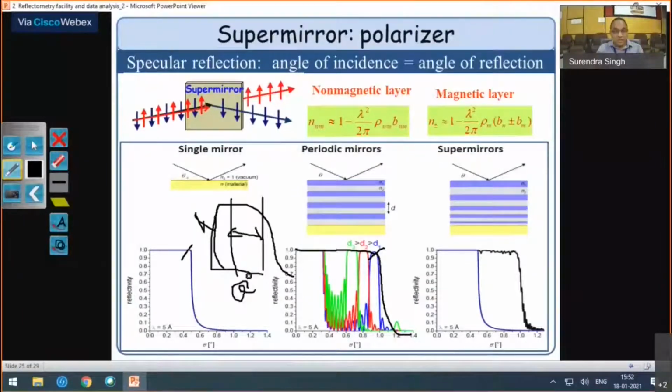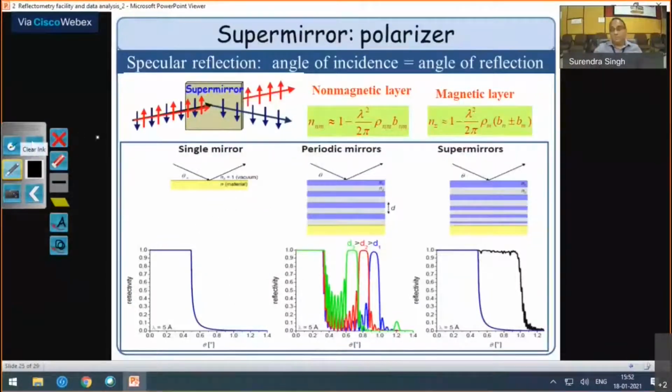Typically, you choose the super mirror such that your minimum wavelength gives you polarization, and higher wavelengths do too, because this theta depends on the wavelength also, and this is what we call M. This super mirror is used for the time of flight method also, where we use different wavelengths at a particular angle of incidence. All the wavelengths will be reflected from the super mirror. So this is another way to get polarized neutrons.